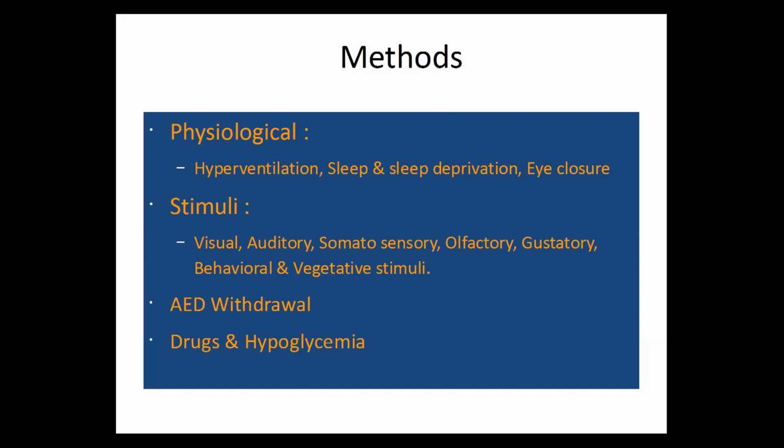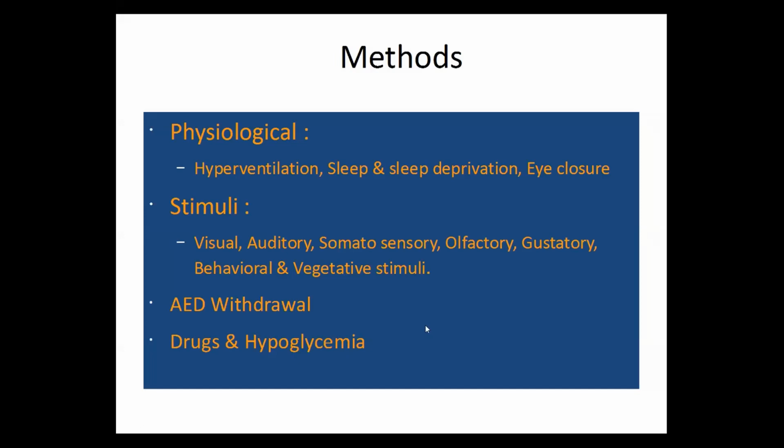The stimuli can be visual stimuli like photic stimulation, and auditory stimuli sometimes. For example, some children can have an exaggerated startle response to sound, or seizures which are stimulated by sound. So we'll give an unexpected sound in the video EEG to elicit the EEG abnormalities. Some patients can have somatosensory reflex epilepsy.